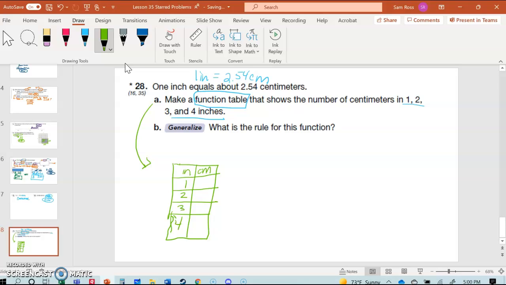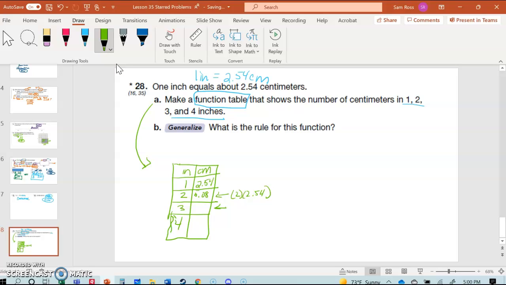And I know that 1 inch is 2.54 centimeters. So to find my centimeters here, I'm going to do 2 times 2.54 on my calculator, which is 5.08.